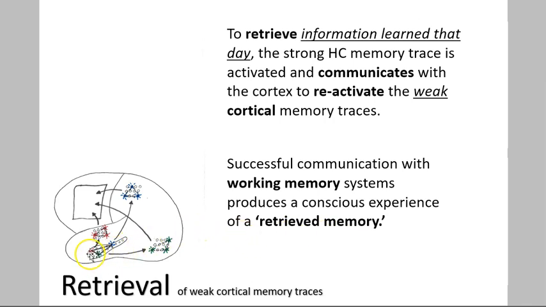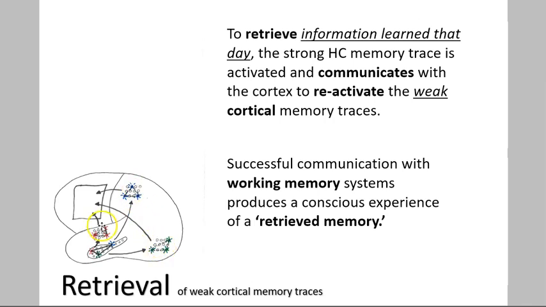Let's say somebody asks us to retrieve a memory or information that we learned earlier in the day. The idea is the hippocampal memory trace, being a strong memory trace, will be easily reactivated, and then those hippocampal neurons are going to signal the very same cortical neurons that were involved in the learning event. So the brain is going to use the strong hippocampal memory trace to activate the weak cortical memory traces.